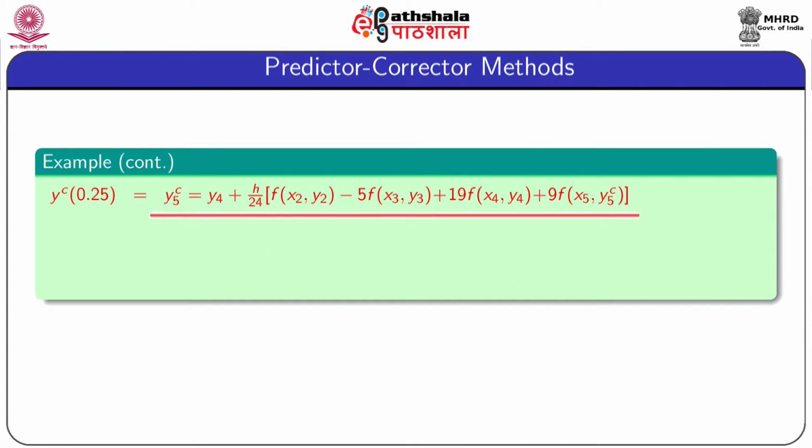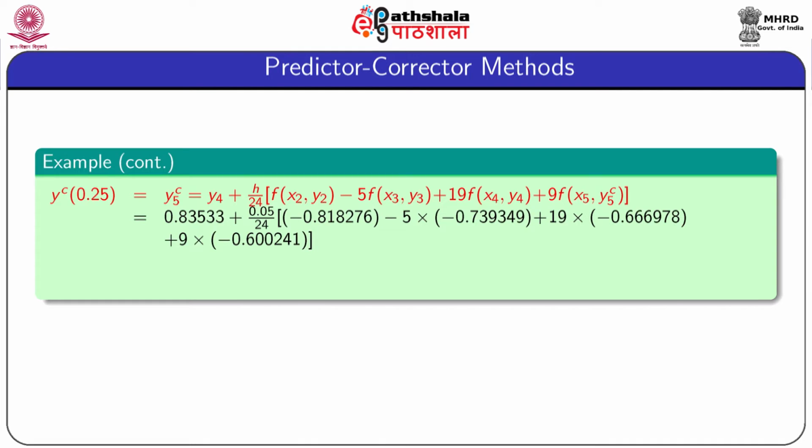Now we use the same formula, the predictor formula, but the last term, that means y5p, is replaced by y5c. y5c is the corrected value obtained in the previous slide, and using the modified values we get the updated value of y at 0.25, which is equal to 0.80367.